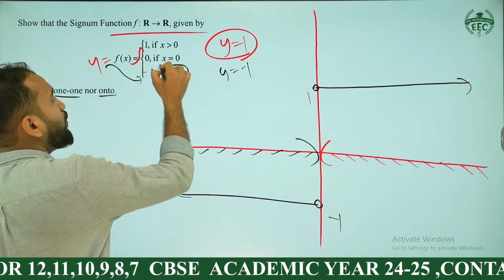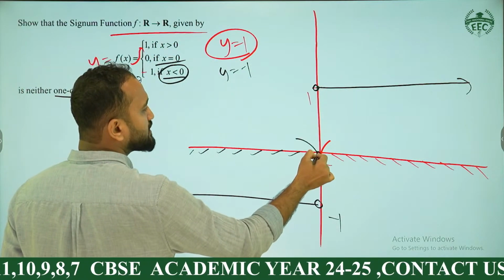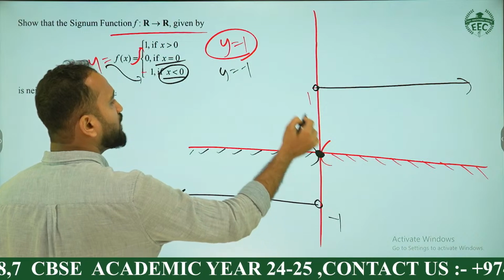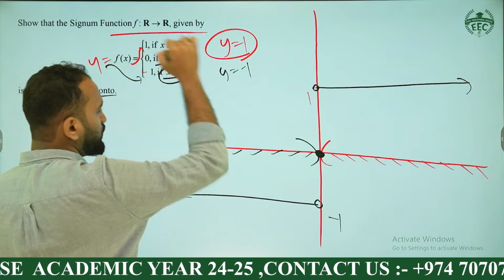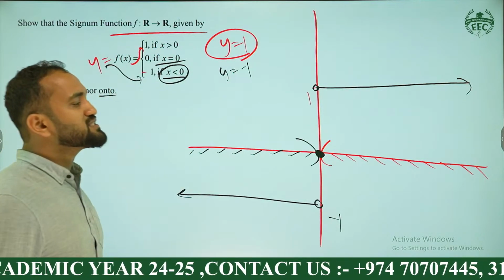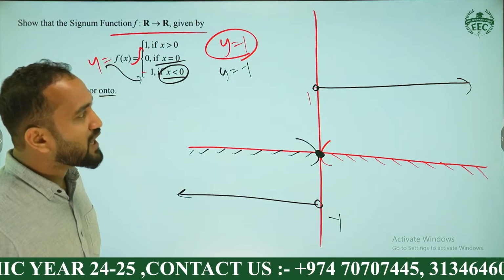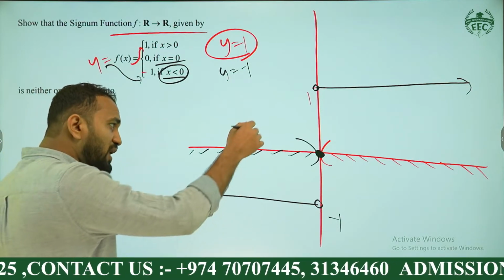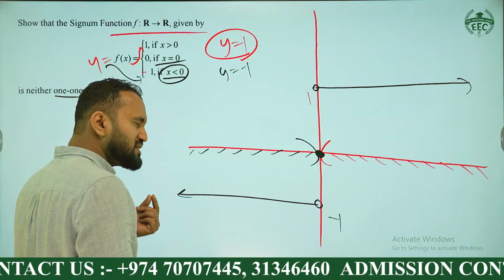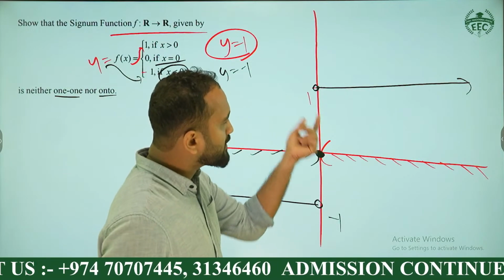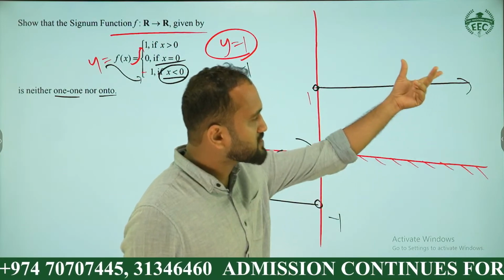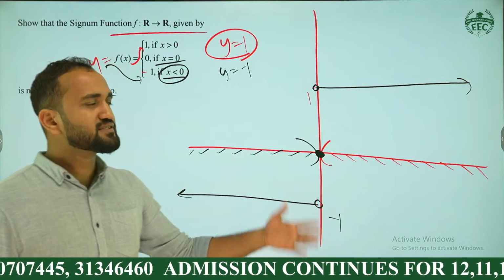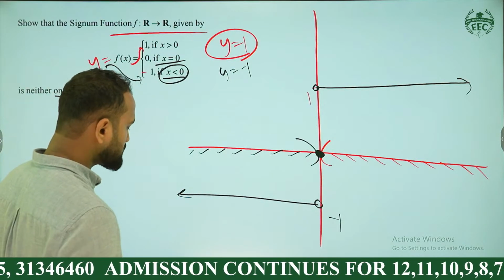Because at the point x equal to 0, it was found that the y value was equal to 0. So gentlemen, the signum function is defined in such a way that we are having 3 sets of values: minus 1 for all x less than 0, y is equal to 1 for all x greater than 0, and equal to 0 for x equal to 0.